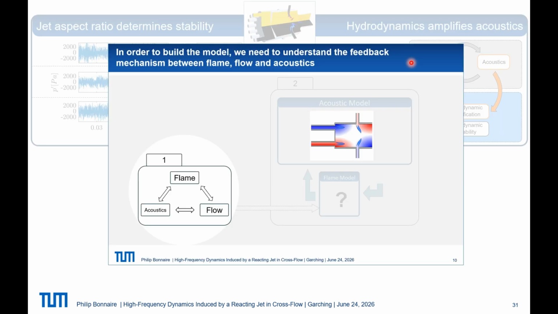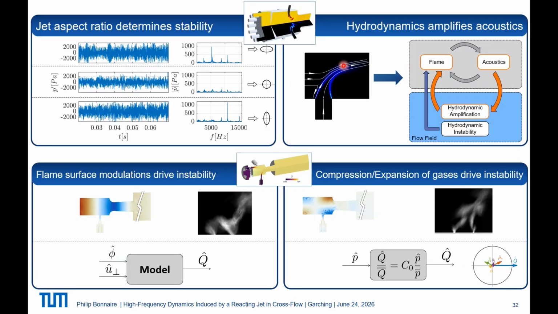And now, jumping back to slide number 10, where I showed first we have to understand the feedback mechanisms, and then we can propose models. So what kind of models can we propose? First, for the longitudinal mode, we saw that the flame surface modulations drive the instability.